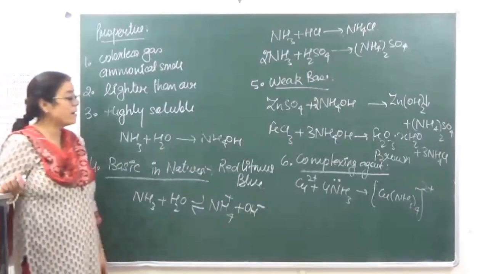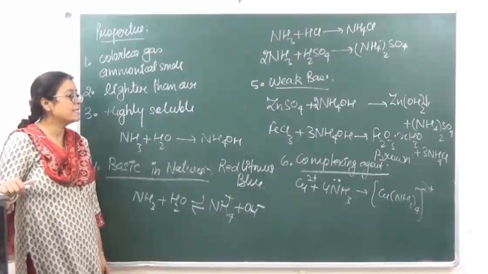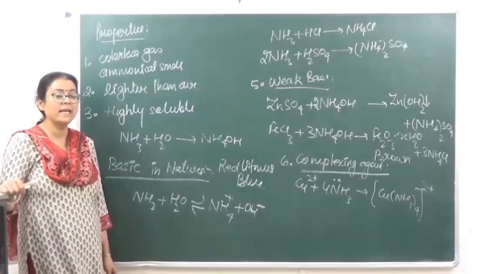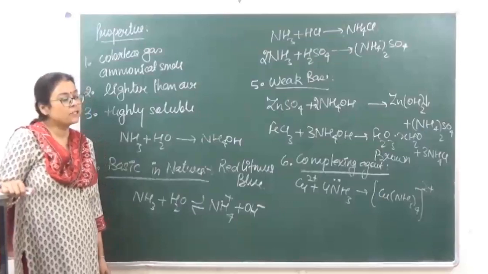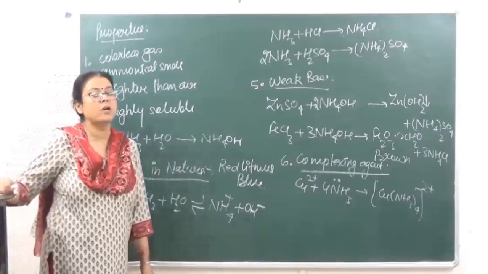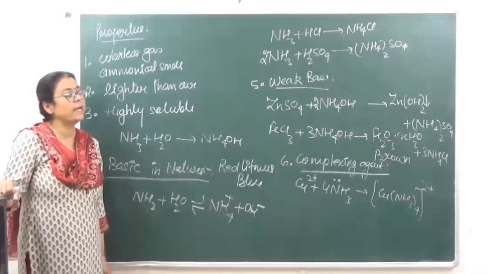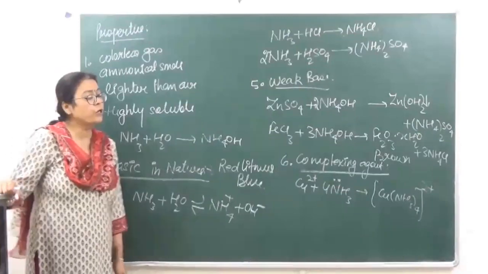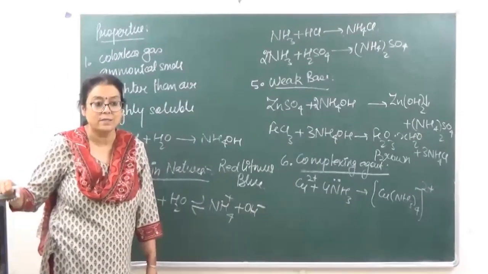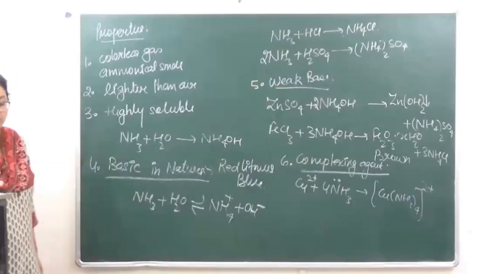So wherever empty d orbitals are present, ammonia can easily complex with that metal, and these kinds of reactions are very common in the d block. So when we do coordination chemistry, we are going to take ammonia as an electron donor, which is going to be known as a ligand. That we will do when we do coordination chemistry.